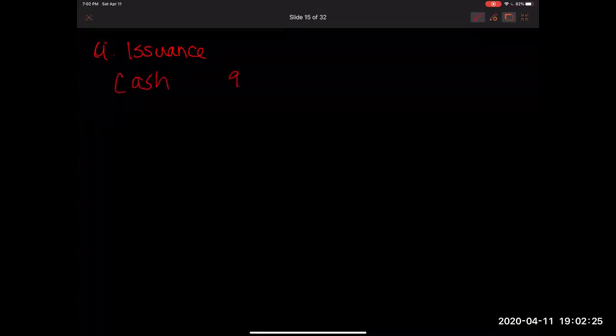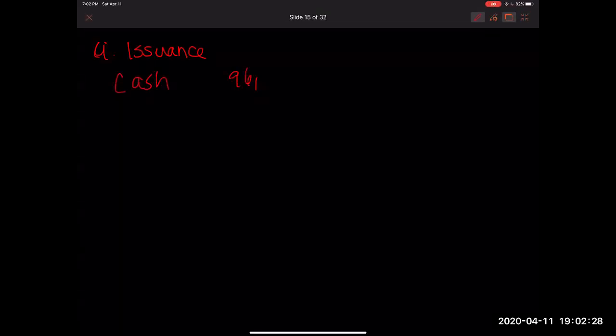I'm going to do the issuance of this bond. Maybe take a second and go back to the last slide and you can see me capture this. We're going to do a debit to cash in the amount of 96,406. And then we have the discount because we didn't get the full amount: the discount on bonds payable, in the amount of 3,594. And then we create the liability of bonds payable for the $100,000.